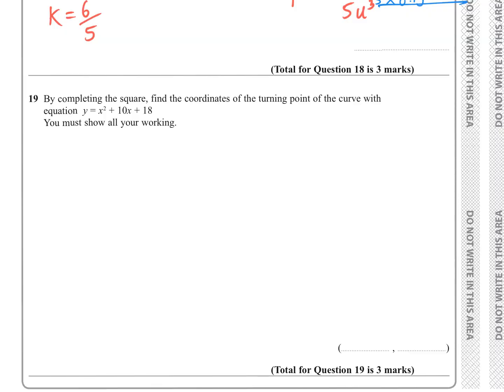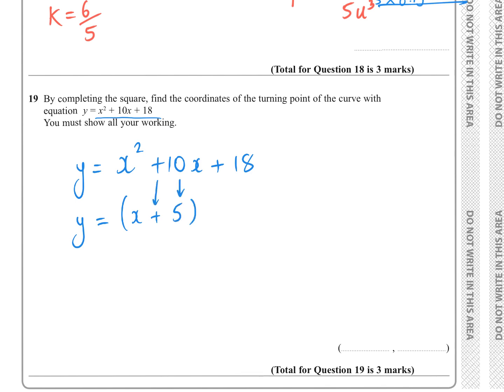Question 19. By completing the square, we've got to find the coordinates of the turning point of the curve with equation y equals x squared plus 10x plus 18, and that should be okay. So if we complete the square, then we have x plus half this value all the time, this sign always follows, squared.